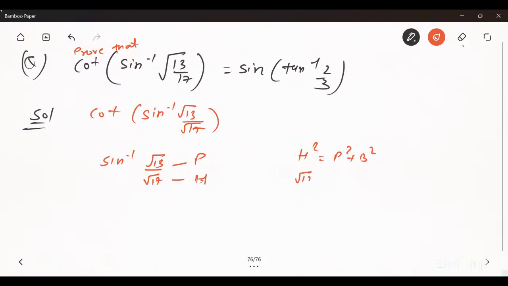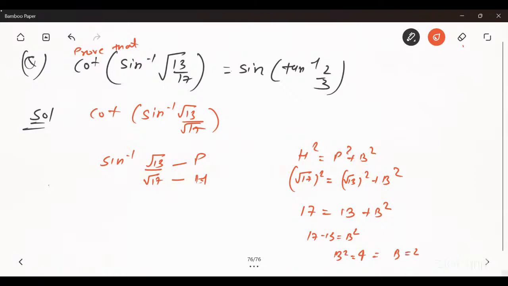Root 17 whole square is equal to root 13 whole square plus base square. So 17 is equal to 13 plus base square. So 17 minus 13 is equal to base square. So base square is equal to 4, so base is equal to 2.